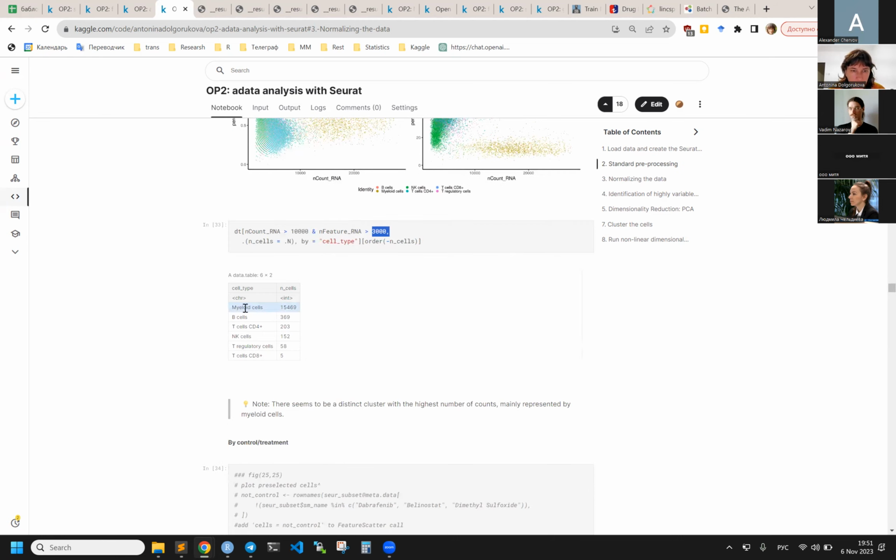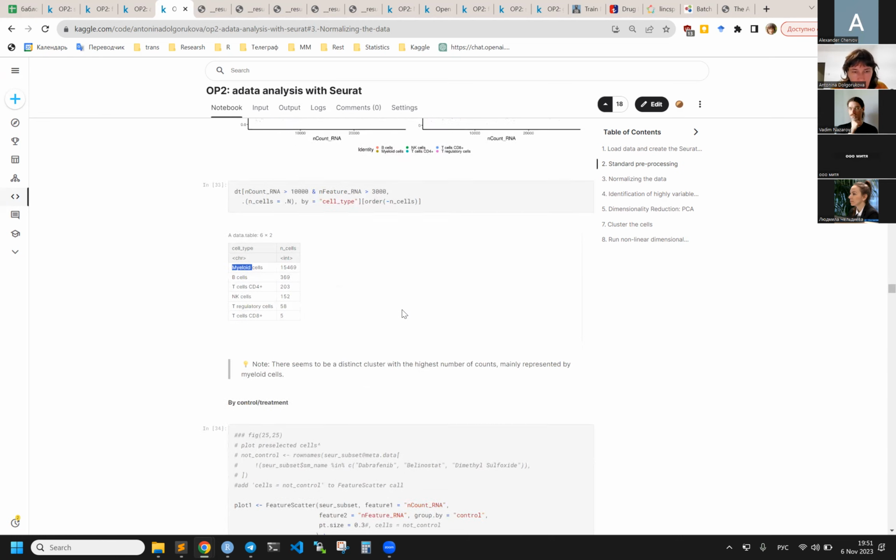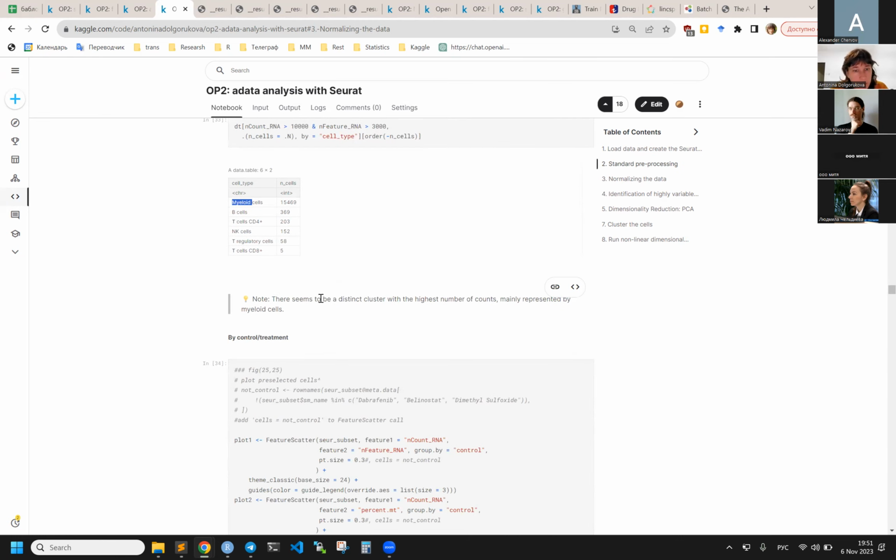If we filter the data like so, we see that most of the cells are indeed myeloid cells, and there are a few other types. So there seems to be a distinct cluster with the highest number of counts, mainly represented by myeloid cells.